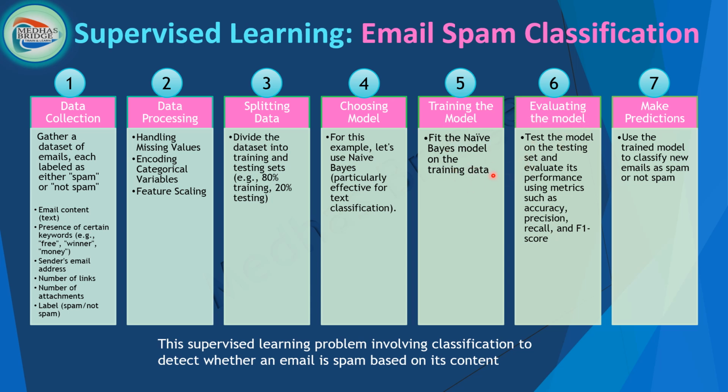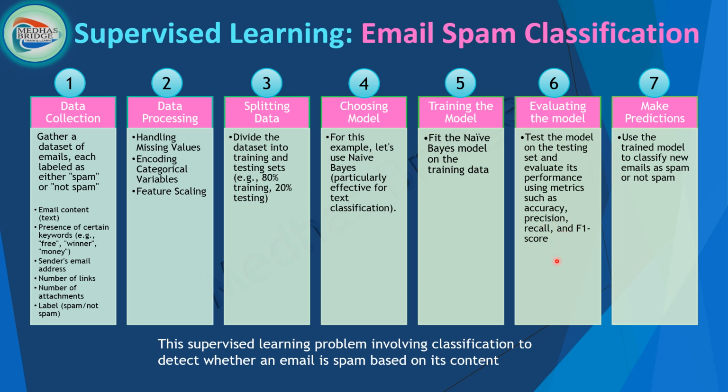So assuming that your training is done, you try to see how you are going to test it, right? So you test the model using your test data, which we split in step number 3. Using that testing data, you test it and find out performance metrics, how the model is really doing, in terms of accuracy, precision, recall, F1 score.